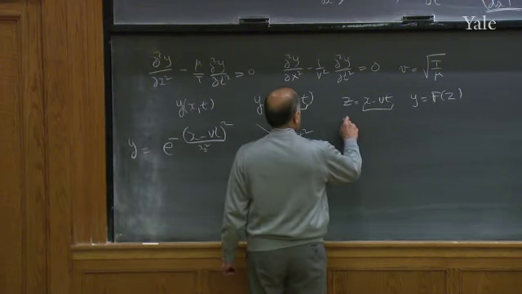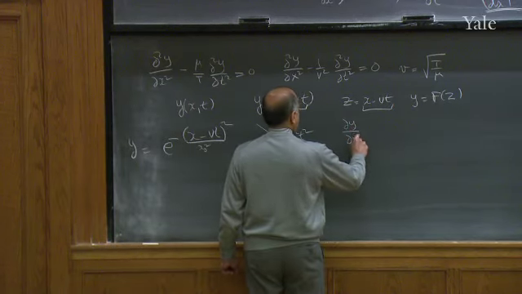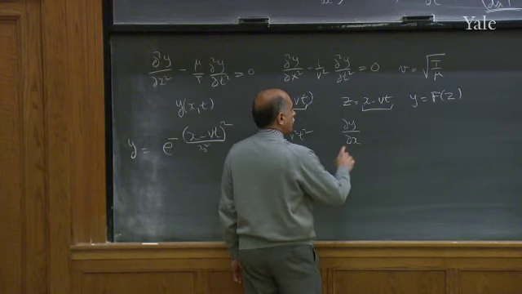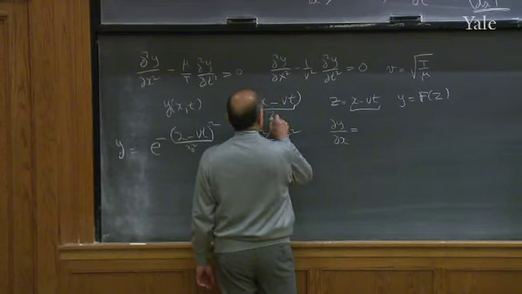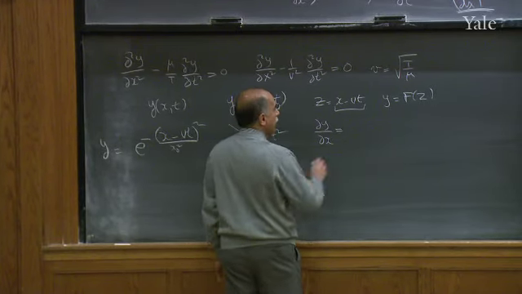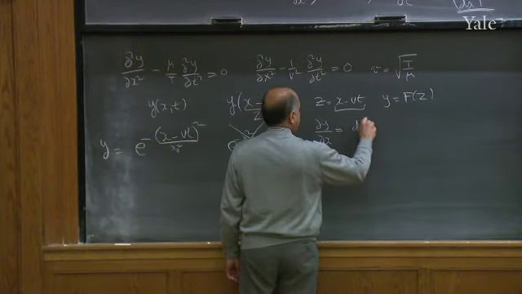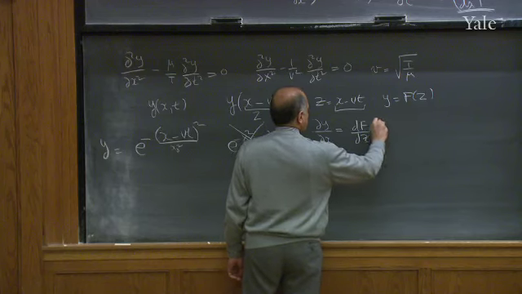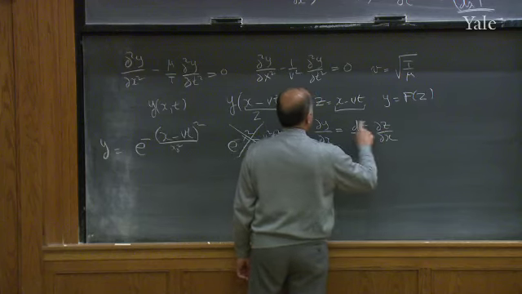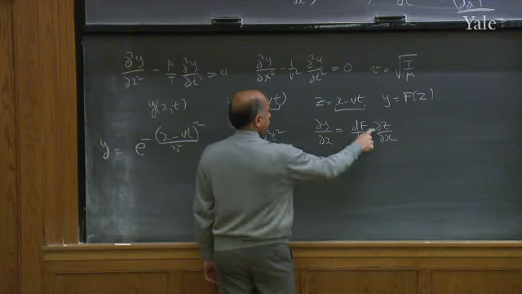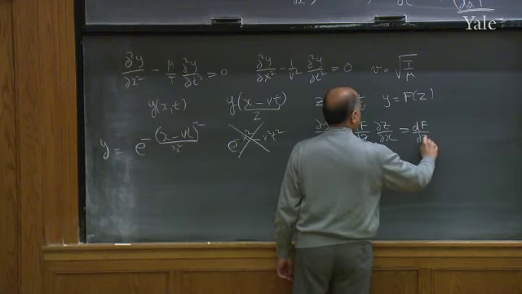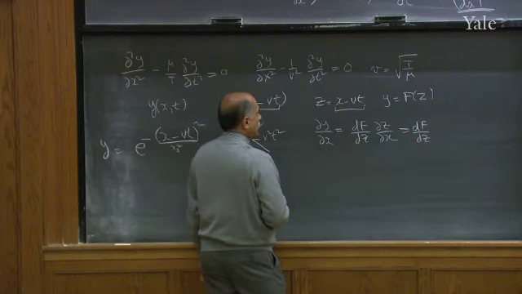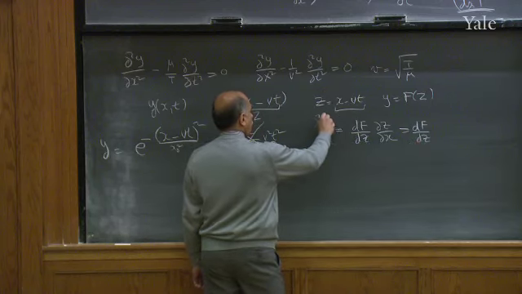Let us take dy/dx. Remember, y depends only on this combination z. Therefore, it's equal to df/dz times dz/dx. But z is x minus vt, dz/dx is 1, so it is just df/dz. Now, let me rush through this and do it one more time.